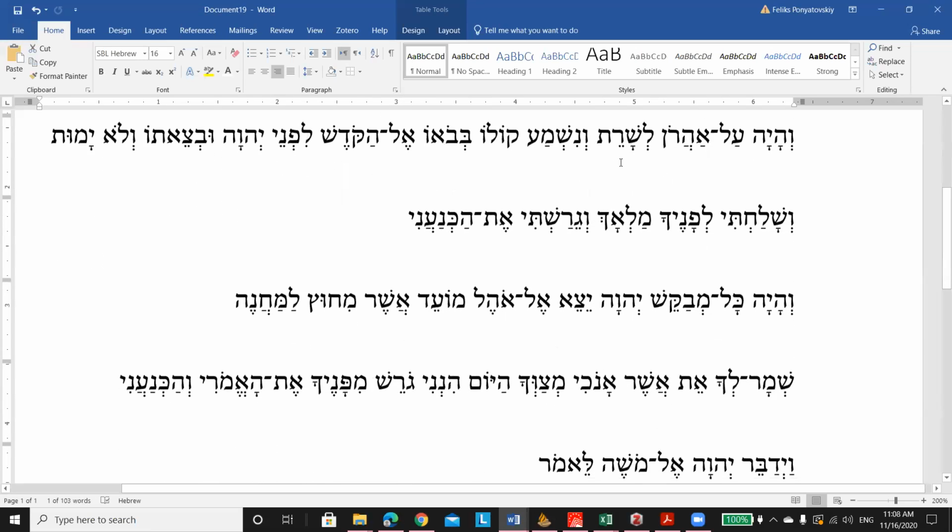Okay, next one. So this one, maybe it will be difficult for you to translate because it is just taken out of the context, but it is about Aaron's garment.